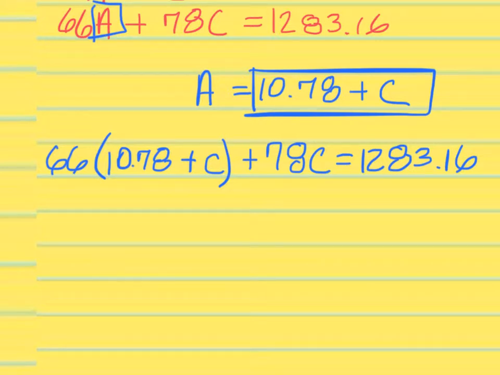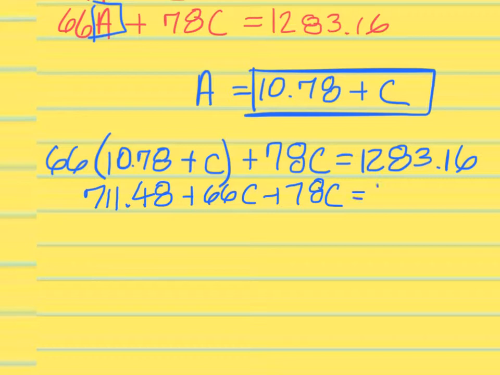Multiply through, so you'll have 66 times 10.78. That should be 711.48, and then plus 66C plus 78C equals 1283.16.